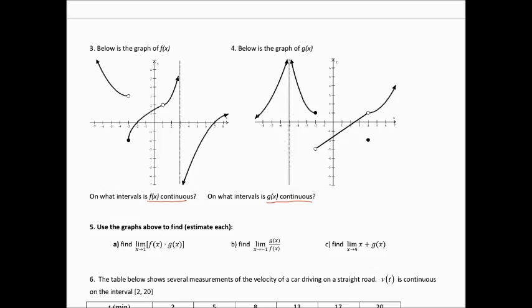So on the f of x one, let's take a look. We're going from negative infinity all the way to this value of negative 3. Okay, and we are going to open those because it's not included there from the left side of negative 3. We're going to union this with negative 3, but with a closed bracket because this point is included.